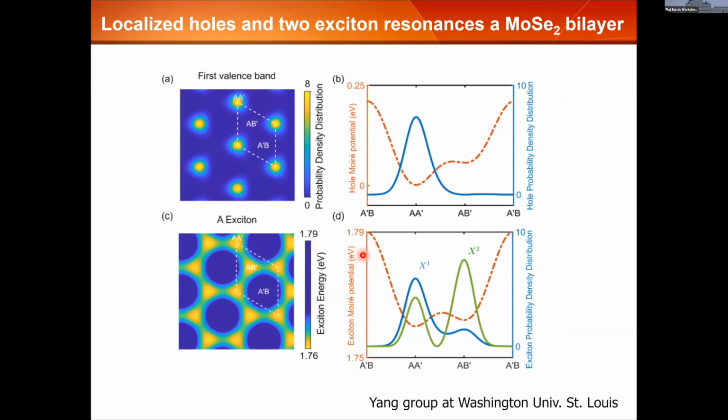While if they calculate the exciton spatial distribution and observe where they are within the exciton moiré potential, there are two excitonic states that are quite energetically close. Therefore, you can form excitons at two locations, leading to two different types of trions. So I think this kind of picture could help to understand how you probe some of these localized hole or insulating states using optical spectroscopy methods.